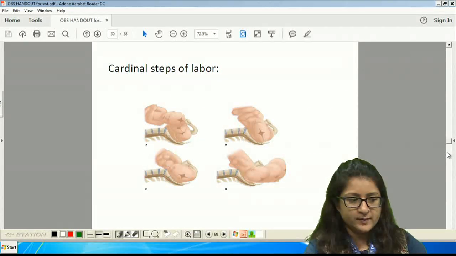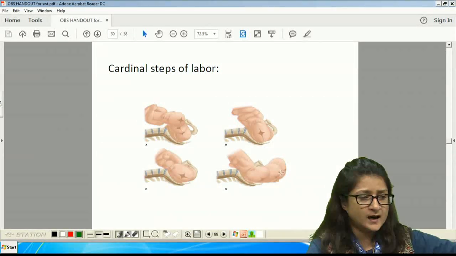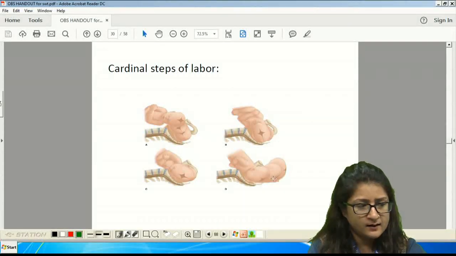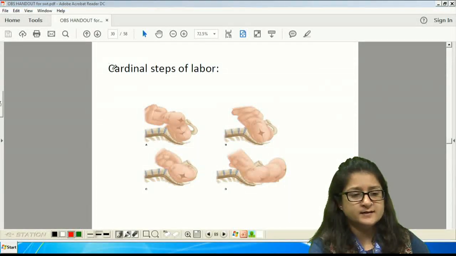Now, talking about the cardinal steps of labor. I want to give you what are the cardinal steps of labor.